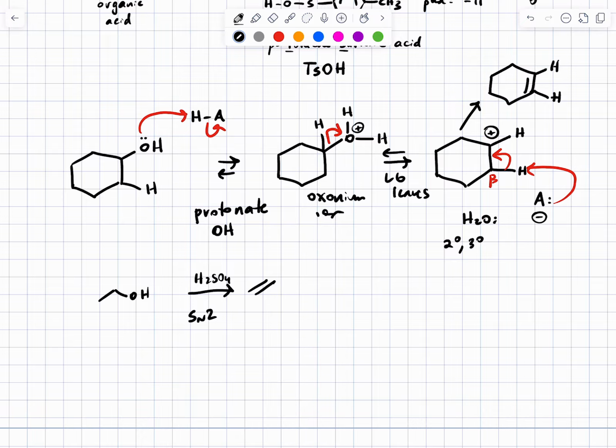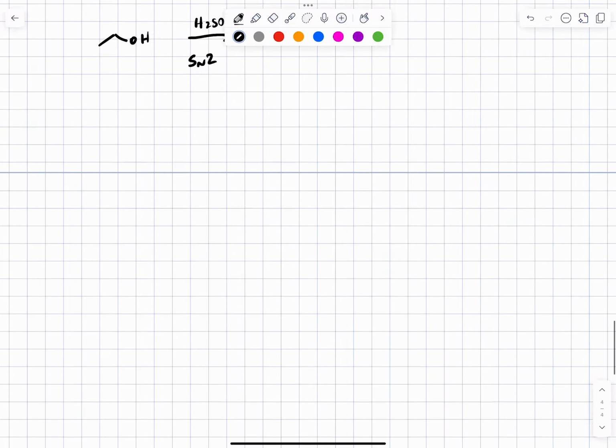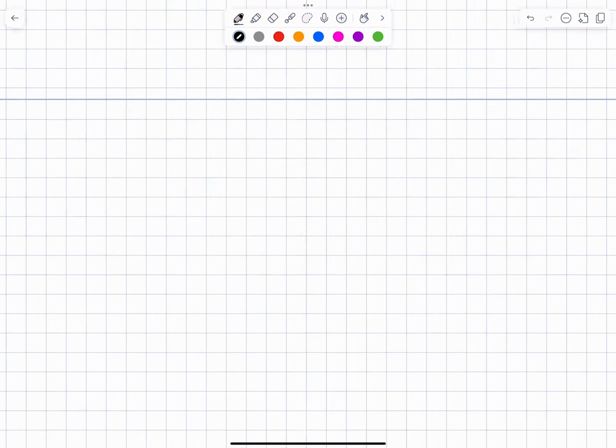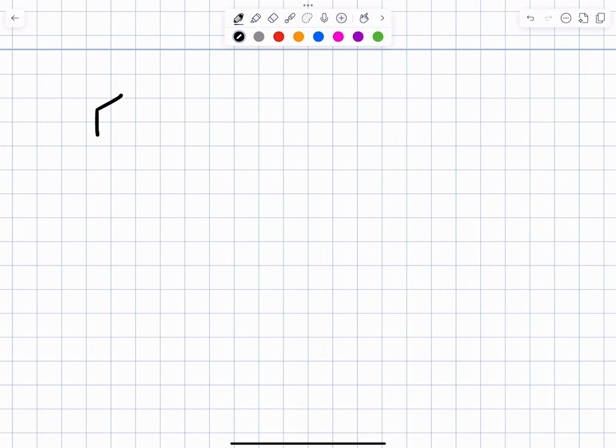All right, let's also show you how rearrangement is possible with alcohol dehydration. I think this is something I put on your problem set.